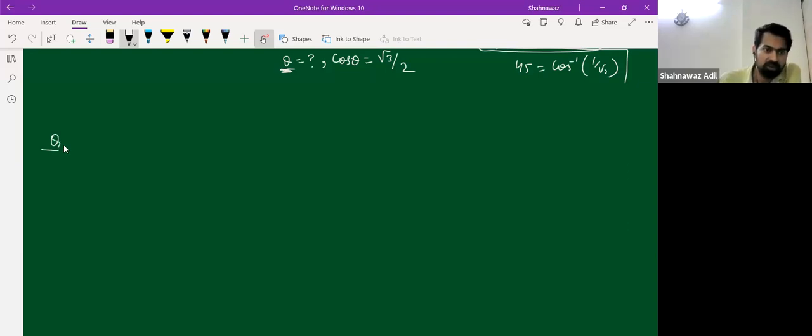So let us do this question. You have these two forces, right? Let's say the magnitude of this force is 3 Newton, and this is 4 Newton. And we want to calculate what would be the resultant of these two vectors. So will it be 7 Newton?